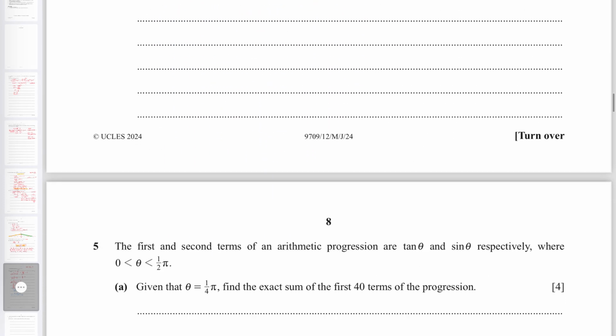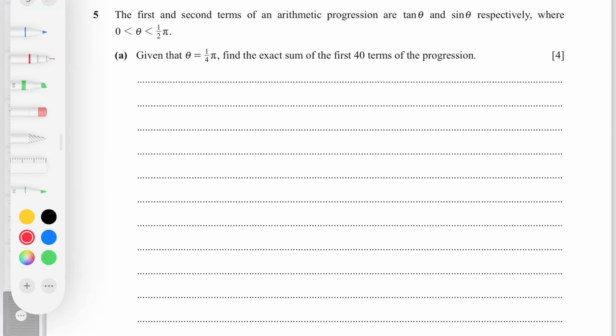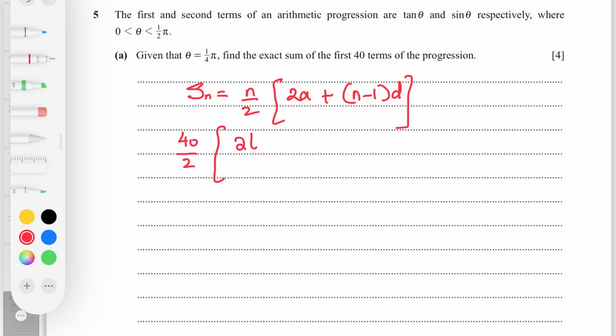Question 5. The first and second terms of an arithmetic progression are this. Given that theta is pi by 4, find the exact sum of the first 40 terms of the progression. The sum formula is this. What is n? 40. What is a? The difference is sine theta minus tan theta.